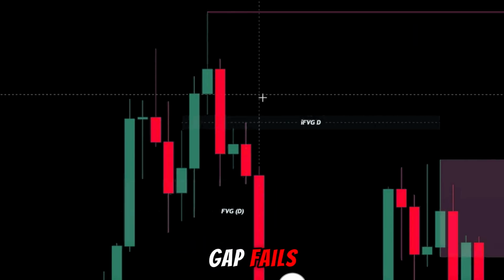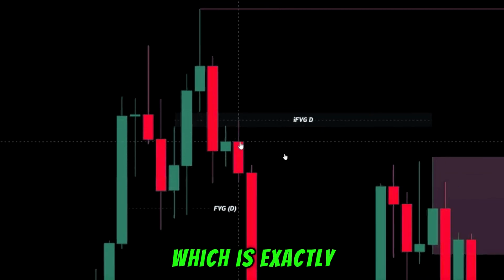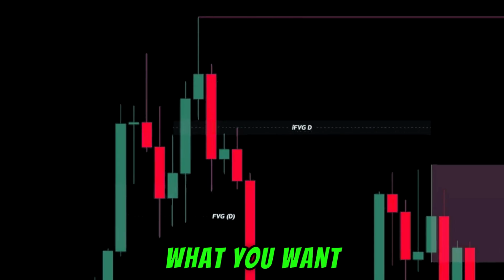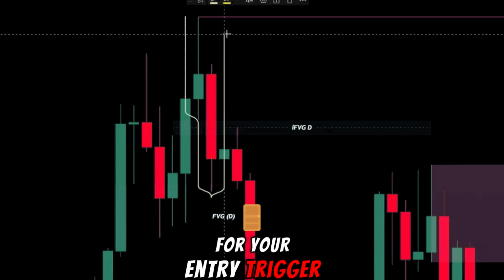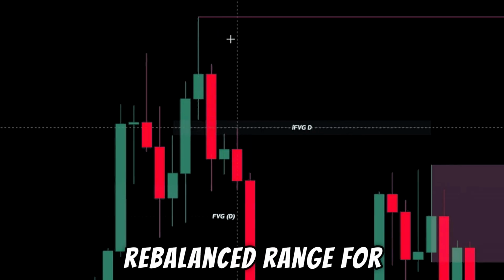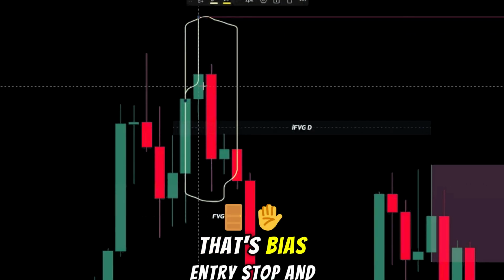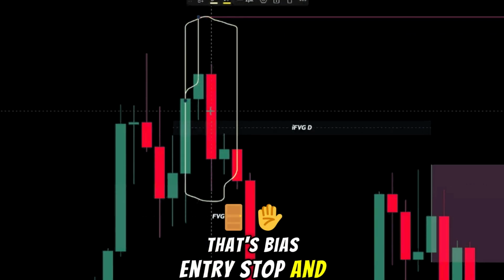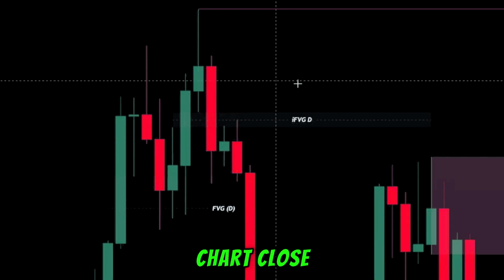If a gap fails either test, you don't take it, and most gaps will fail, which is exactly what you want. Step 4. Use the inverted gap for your entry trigger and the redelivered rebalanced range for your stop and your trail. That's bias, entry, stop, and trade management, all from one concept with nothing else on the chart.